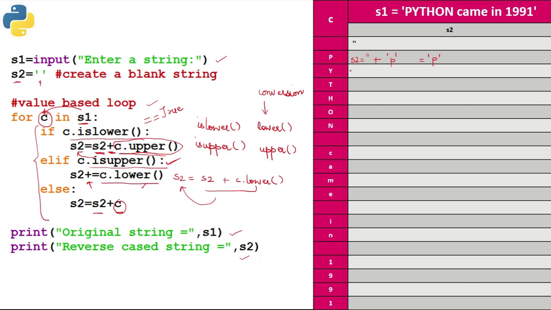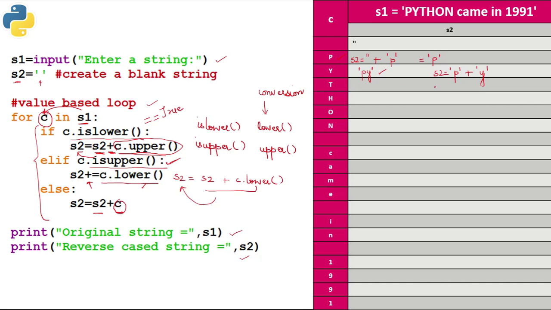Fine, this is going to be converted into lowercase, and my target string will become py, like this. Fine, so this is how it worked. S2 is equal to small p plus lowercase of capital Y, small y, and this was my result. Fine, children.